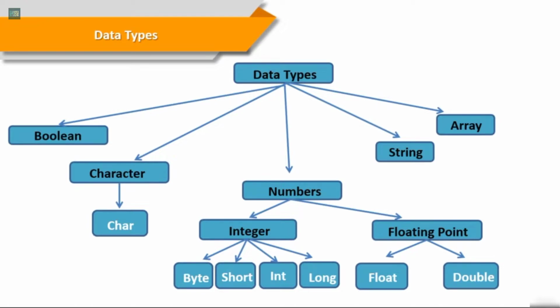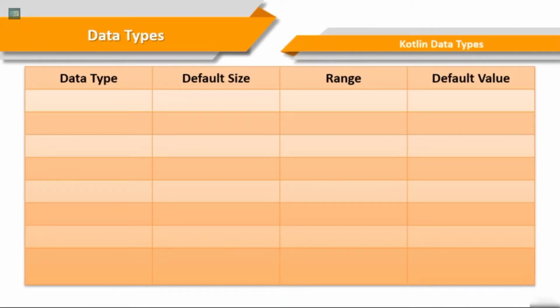All right, so let's have a look at the different Kotlin data types in this table. The byte data type is an 8-bit signed 2's complement integer. The byte data type is useful for saving memory in large arrays. It has a minimum value of -128 and a maximum value of 127 inclusive. The default value of the byte is 0.